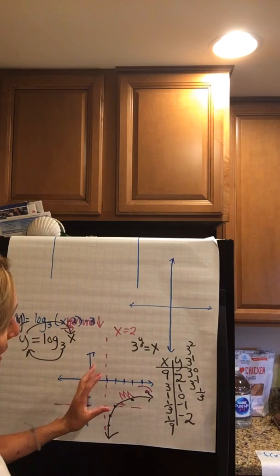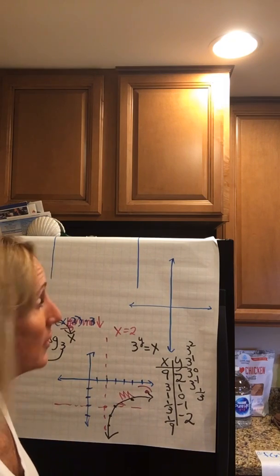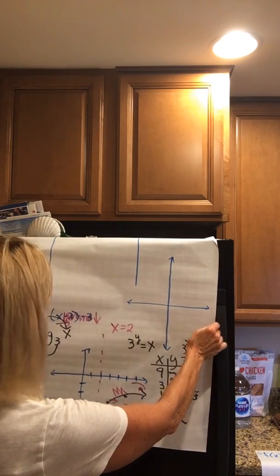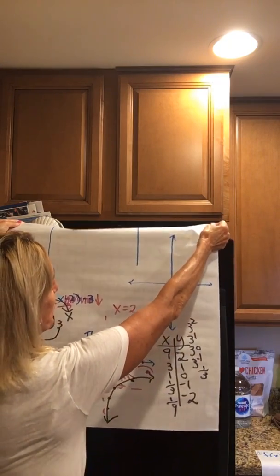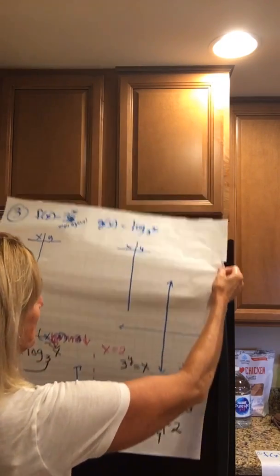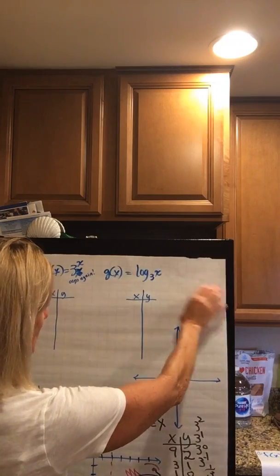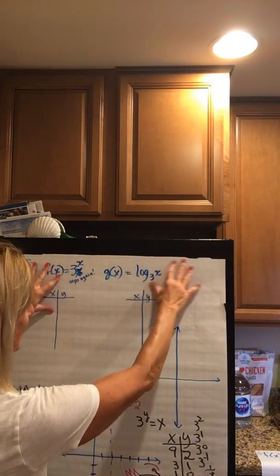So this is how you would do your graph. So the top part of notes, let me just bring this down real quick, just to show you that they're inverses.